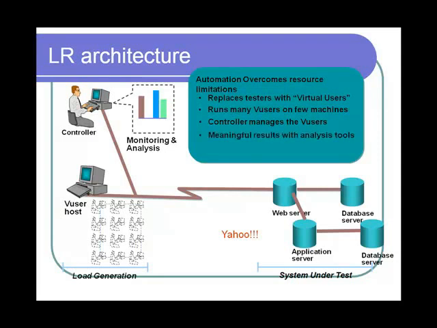So the advantage of using the analysis tool is it helps you analyze the results generated during the load test. Also, another advantage of using automation tools is it helps in repeatability. So that's the LR architecture for you: the virtual user host, the controller, and the monitoring and analysis section. The 3 components are available as a bundle, as a package together, or could be purchased separately in the market as well.